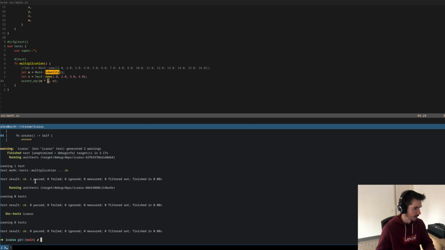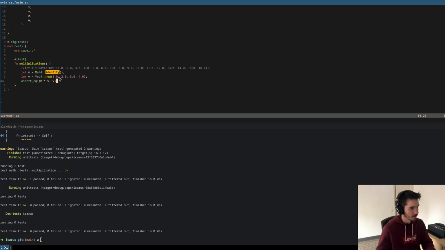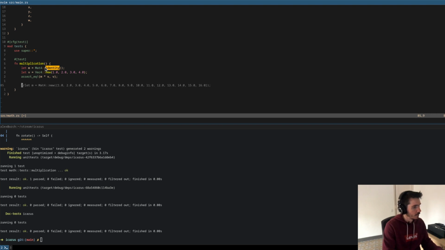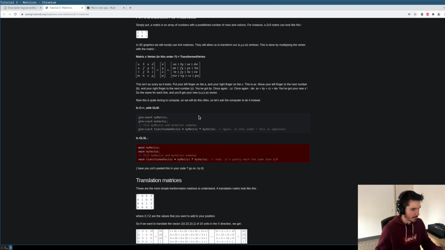And we got a green test. Cool. So now we can look at a more complex multiplication example to make sure we're doing everything right.